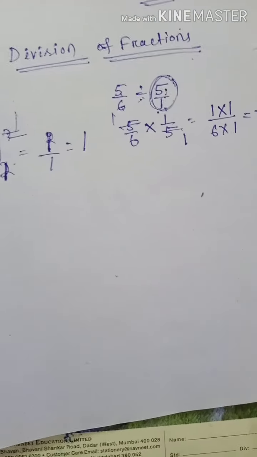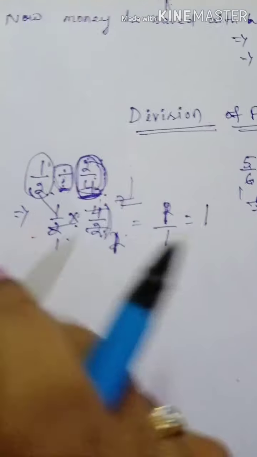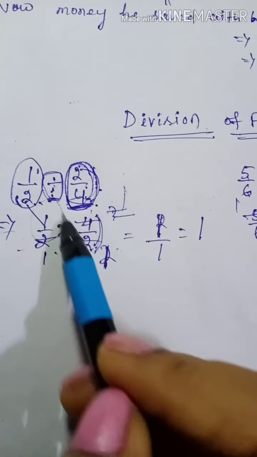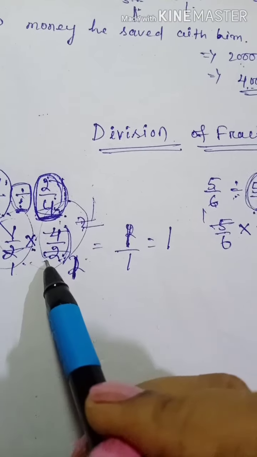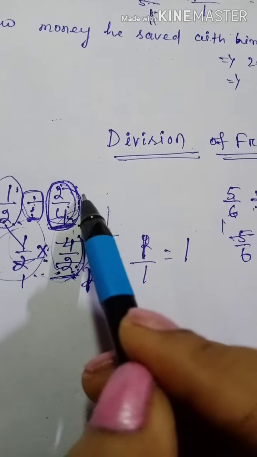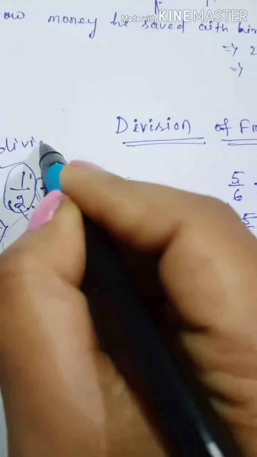Clear, students? Division of a fraction means if we have to divide a fraction by another fraction, we multiply the fraction by the reciprocal of the other fraction, the divisor. It is the dividend, and it is the divisor. Clear? What is the method?